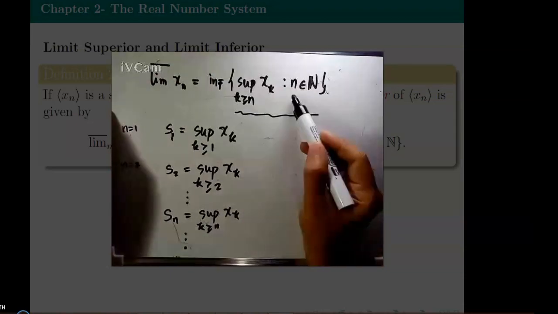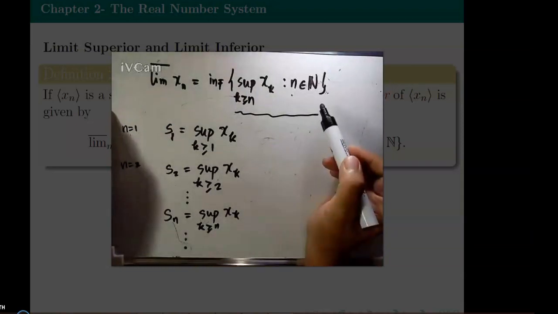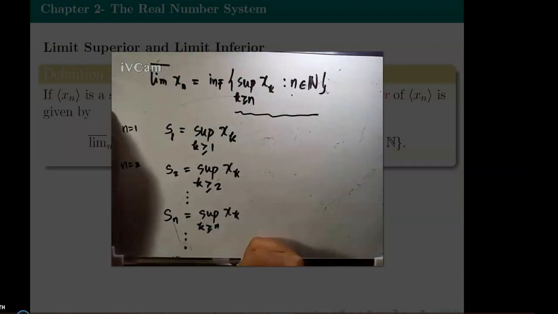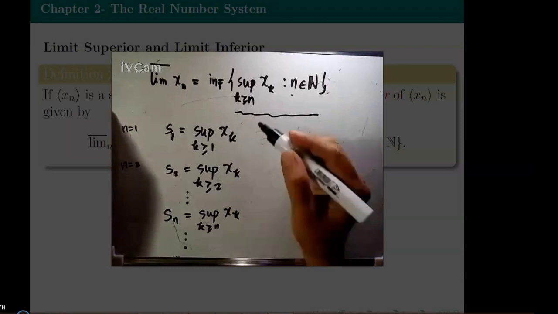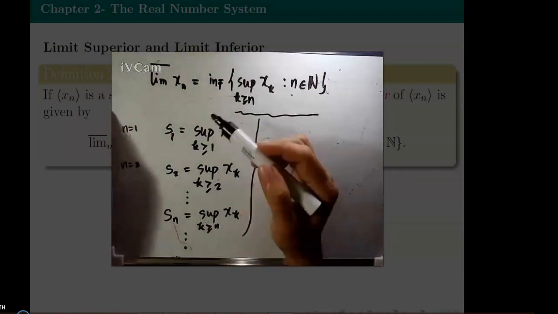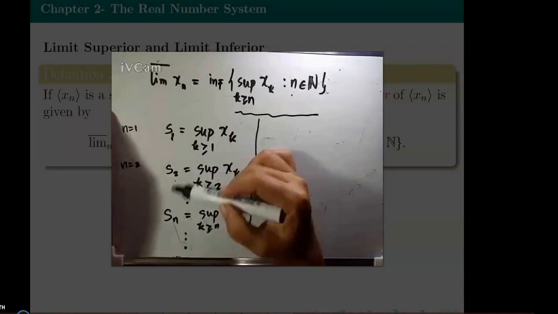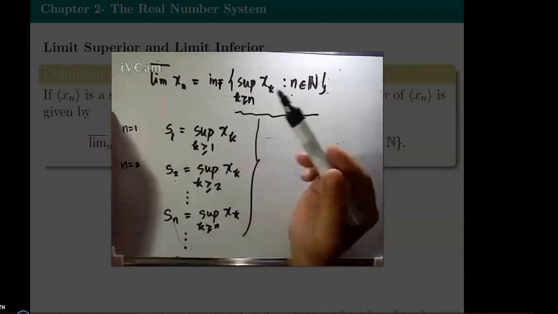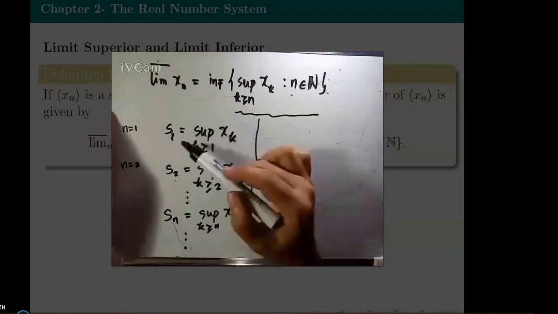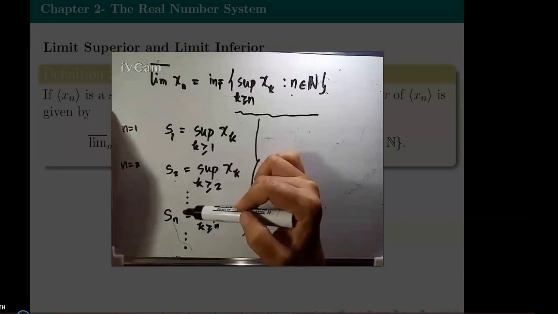It's because n here is a natural number, so up to infinity. Now try to observe here. We have here another sequence, s sub 1, s sub 2, s sub 3, and so on. So these are the supremum.